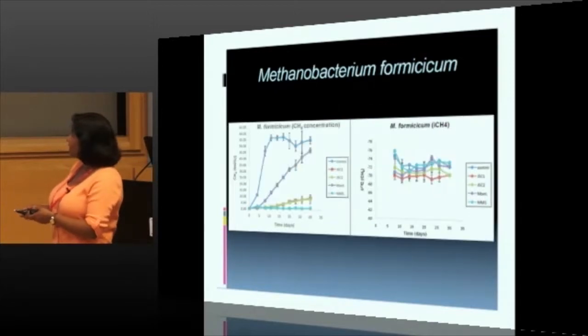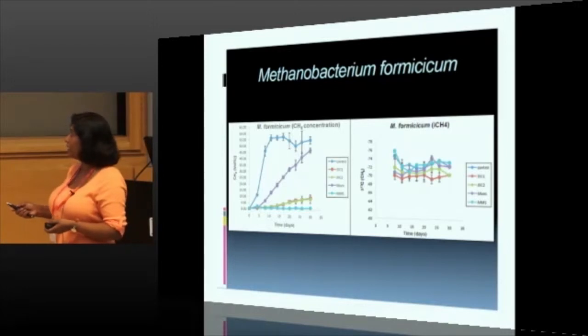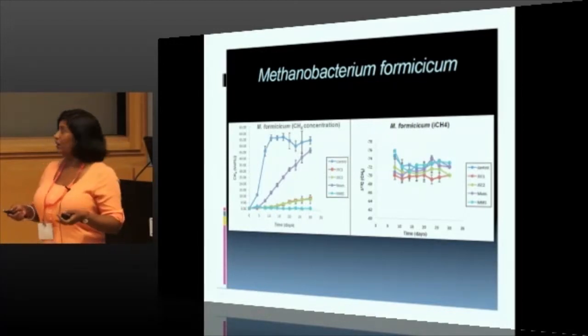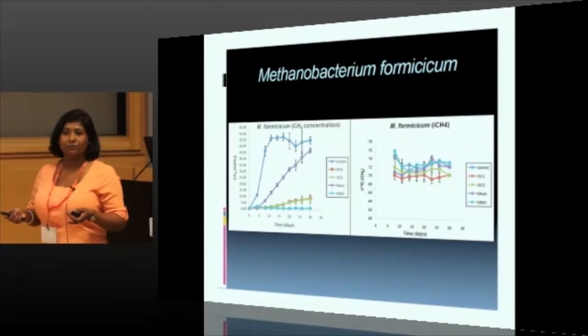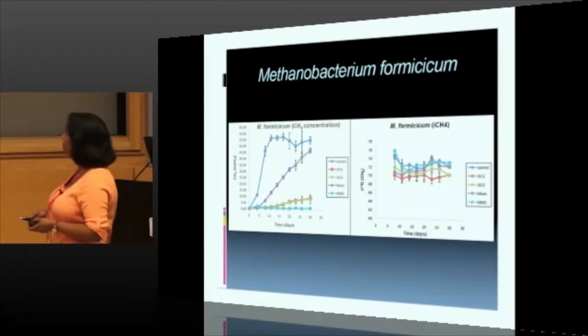But Formicicum is different. They showed a higher concentration of methane in media as well as on montmorillonite, but in the carbon isotope data, we don't see any significant difference when they were grown in media or on Mars analog.